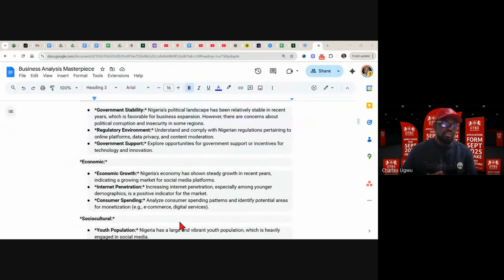Then consumer spending. What is the consumer spending pattern in Nigeria when it comes to online business? Unlike before, people buy items online so much these days. Before, people didn't have that kind of mindset. They were scared.